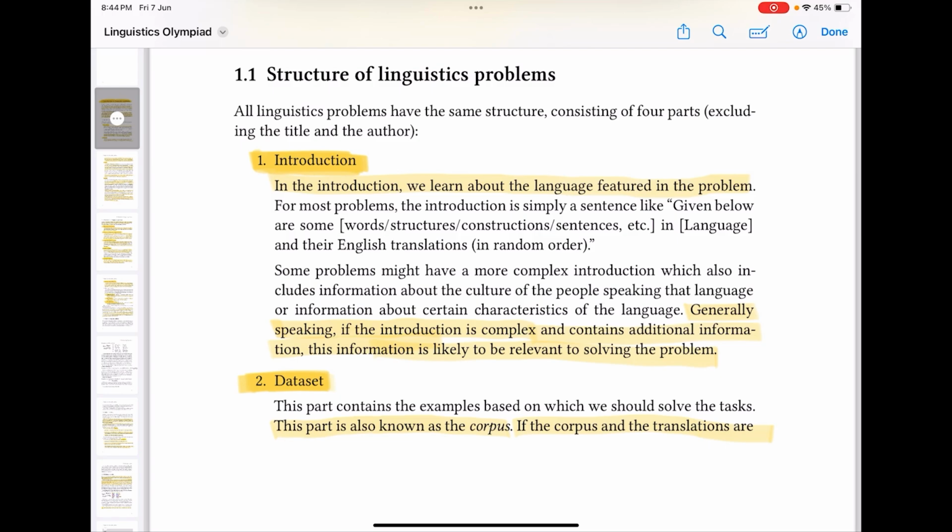Suppose you're solving an easy problem, which you know is easy, so the introduction is usually not very useful. But in complex problems like those of IOL, they're useful in some contexts. Mostly they do not, so you can kind of ignore this part.